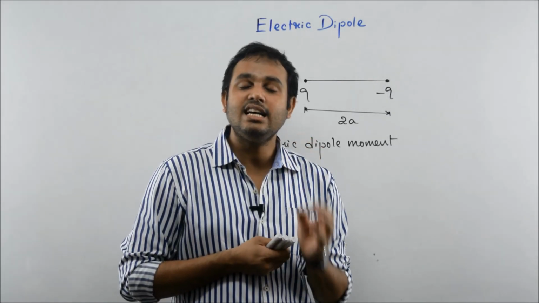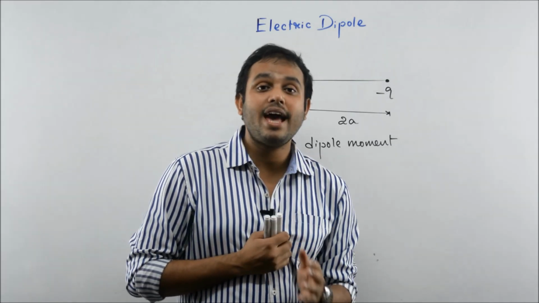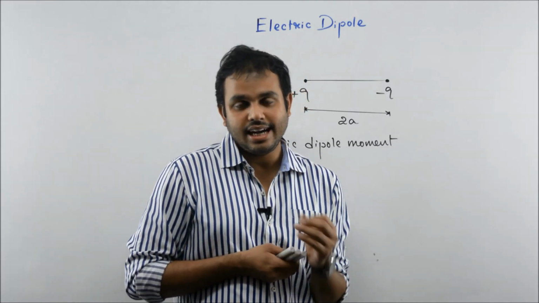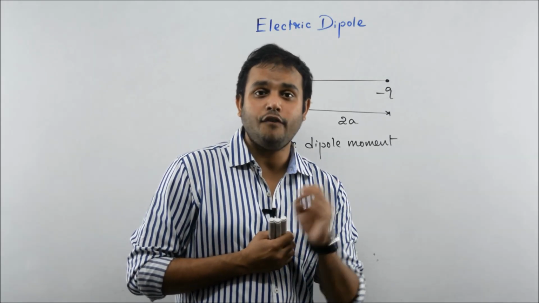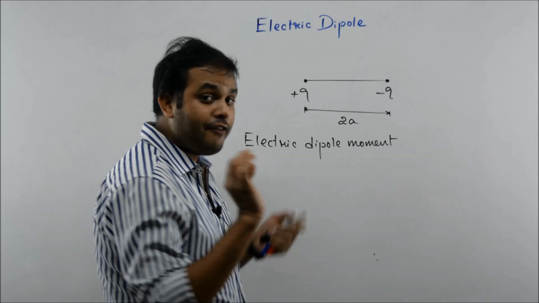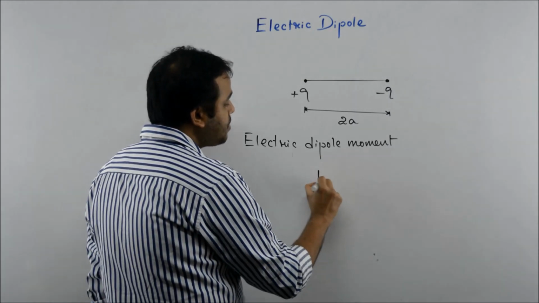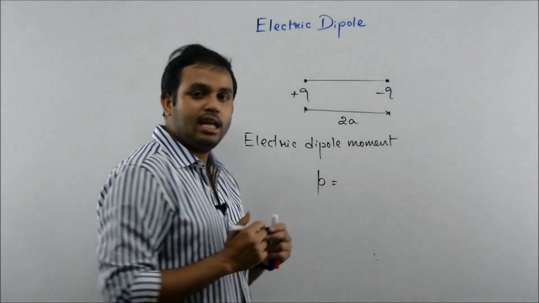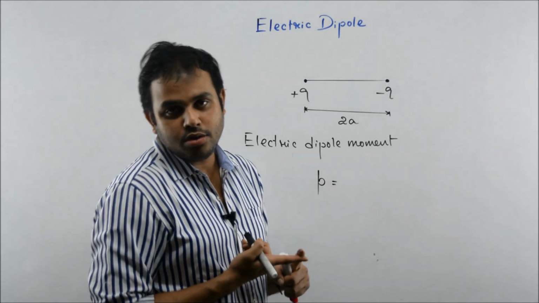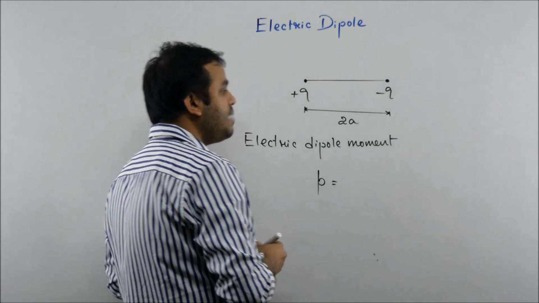So students, it is a physical quantity which measures the strength of an electric dipole, and it is a vector quantity. We denote it by P. Because it is a vector quantity, it will have magnitude and direction. So first of all, we will see the magnitude of electric dipole moment.